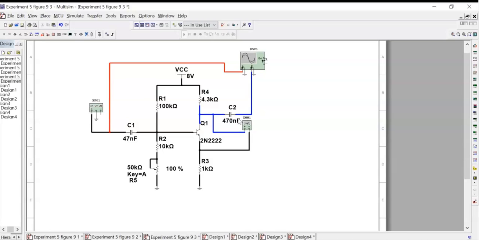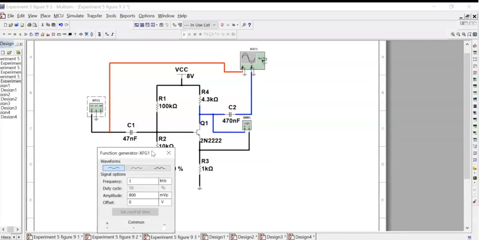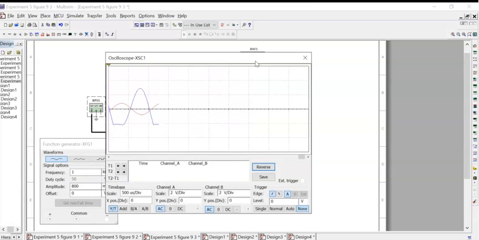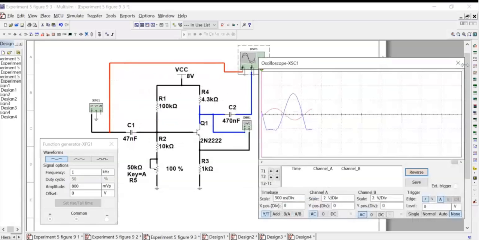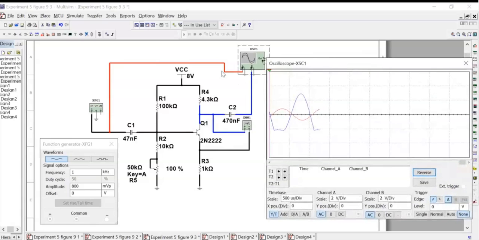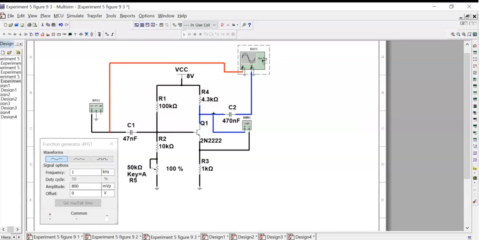We have C2 470 nanofarad. Then we added a function generator, not yet set. Then we have the oscilloscope. We connect the oscilloscope at the input and at the output. Then we have meter 1 connected across collector and emitter.